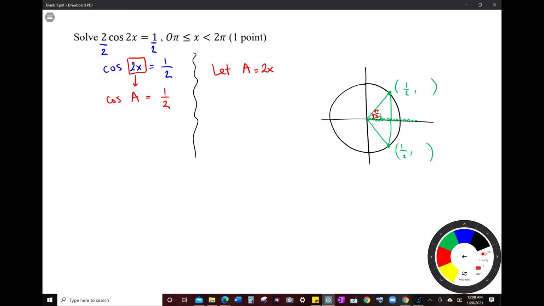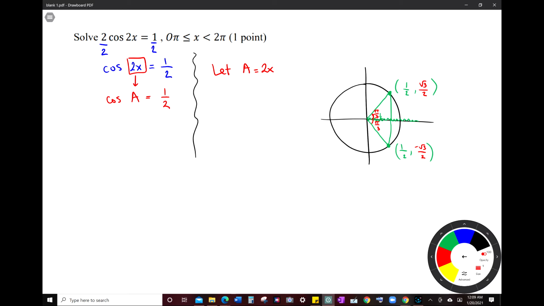If your x is 1/2, then your y will be square root 3 over 2, and right here is negative square root 3 over 2. So that will be pi over 3, and the reference angle for this angle right here is also pi over 3.